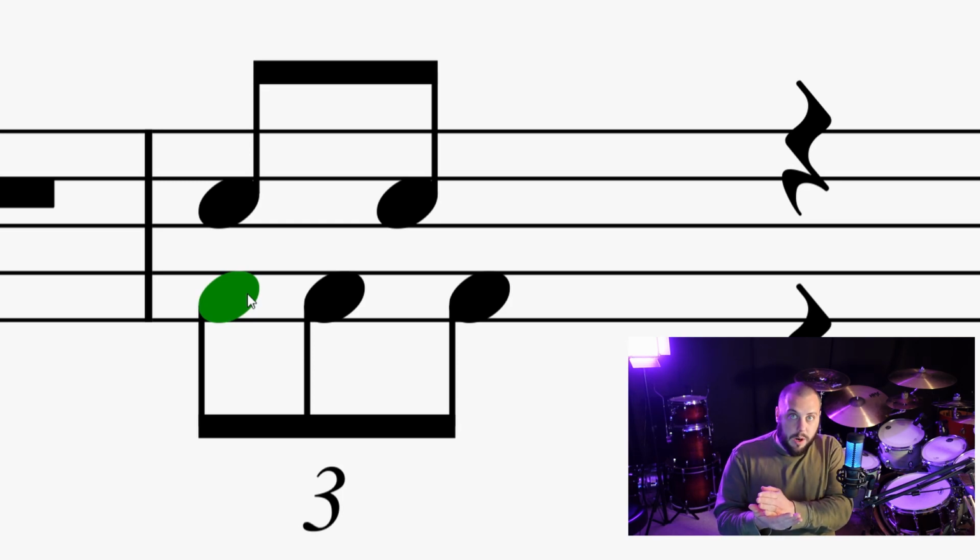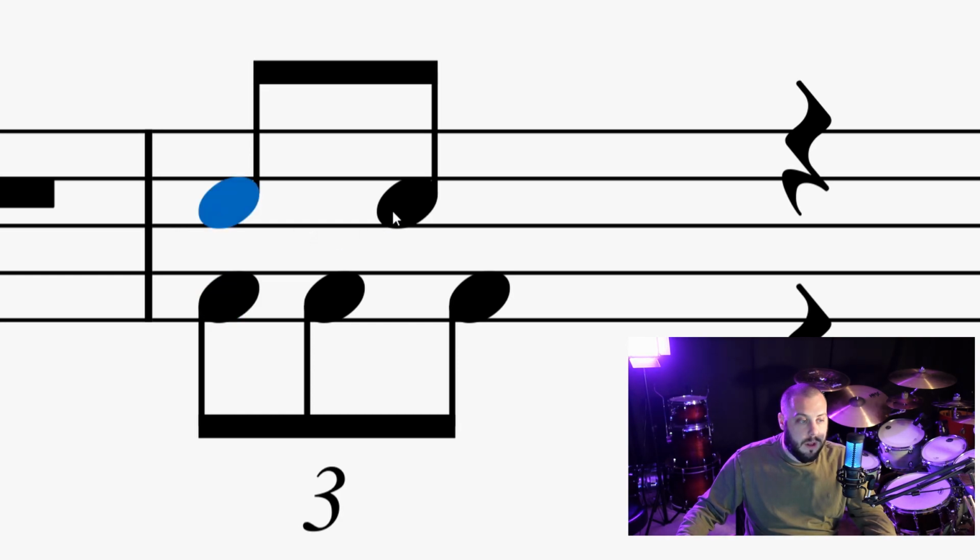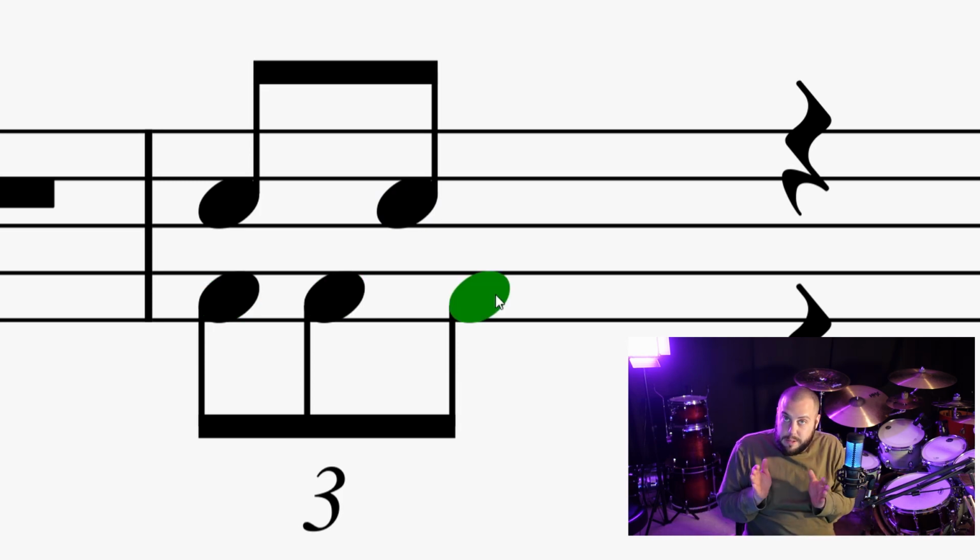Okay. Now remember, 2 is less than 3, so these 2 notes have more time to be played before they start again. There's 3 eighth note triplets, which means you have to play them a little bit faster. You should already know this about rhythms, that eighth notes are slower than eighth note triplets. Okay? There's more notes, you have to play them faster to squeeze them into that space.